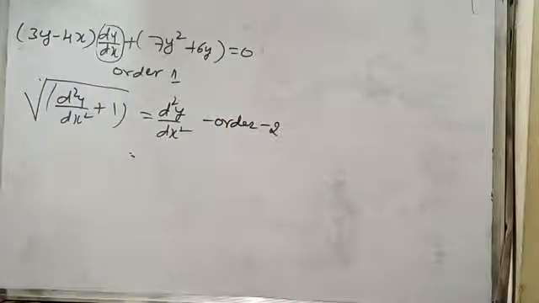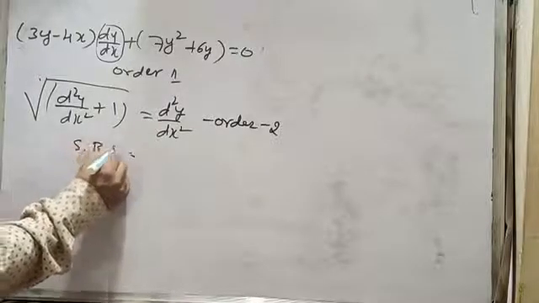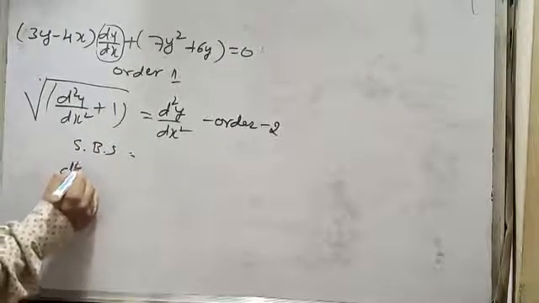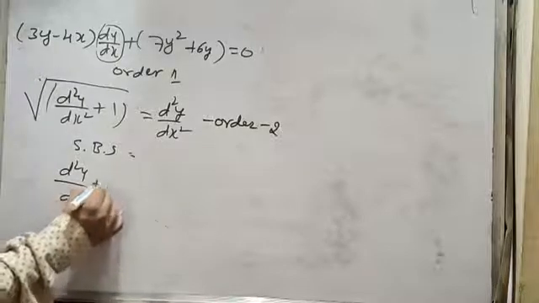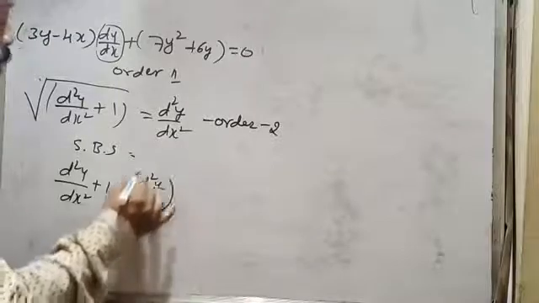Always remember that the degree or the order will always be a whole number. It cannot be a fraction, first of all. So what we have to do is square both sides. If you do, what happens? d square y by dx square plus 1 is equal to d square y by dx square, whole square.